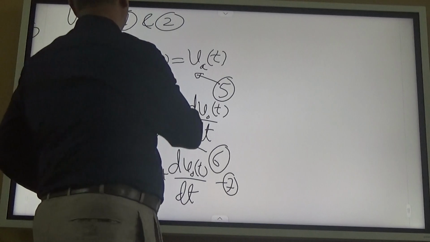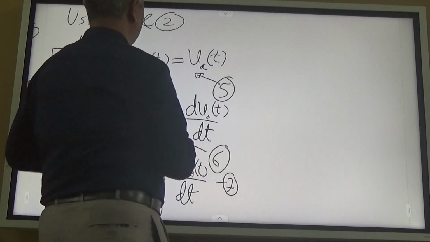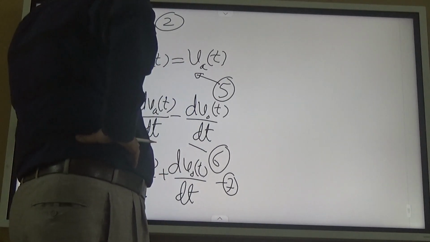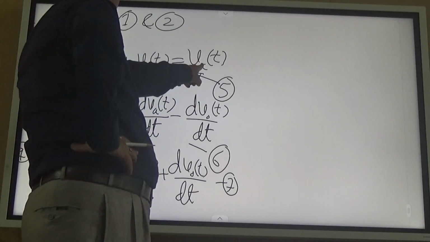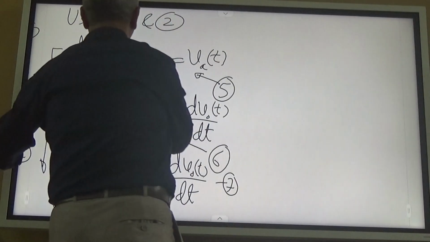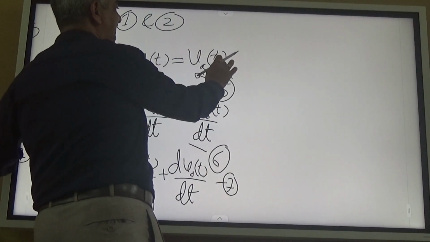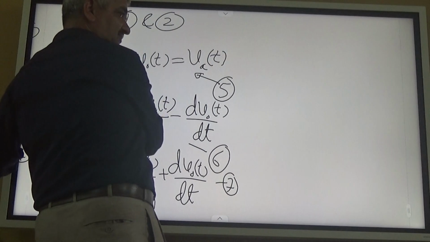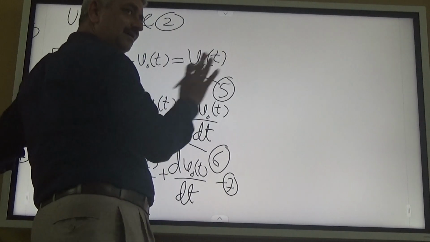So you will use equation 5 and equation 6. What VAT is this, VAT is this. So can I write, its RHS is VAT, its LHS is VAT. So these two are equal. Agreed?